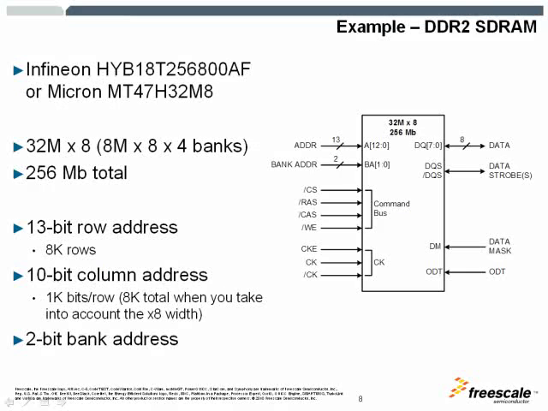Here you see a single SDRAM. It's a DDR2 SDRAM, and in addition to the information provided in this slide, I'd like to point out that there are two memory buses.